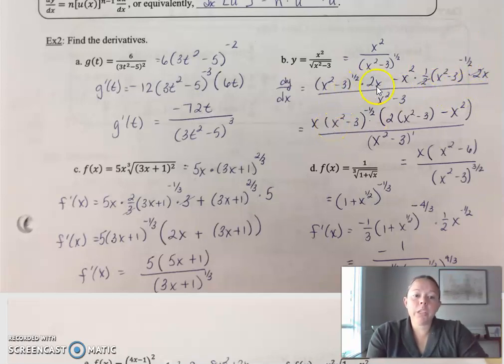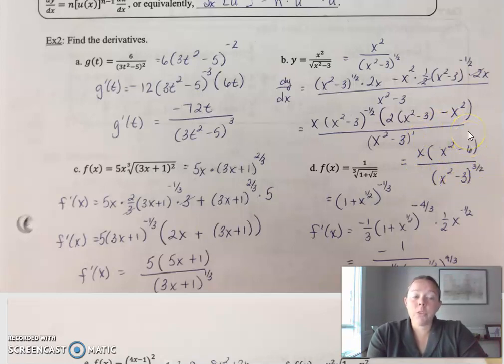If you were to redistribute 1 plus negative 1/2 gives you back what you started with. So you can always mentally redistribute to make sure you're good to go. But here's the important thing. Look, you have a common binomial that you can move down and write as x squared minus 3 to the 3/2. And this is your best answer.